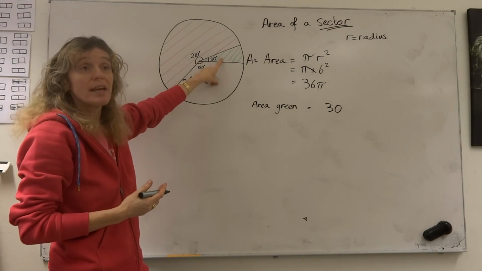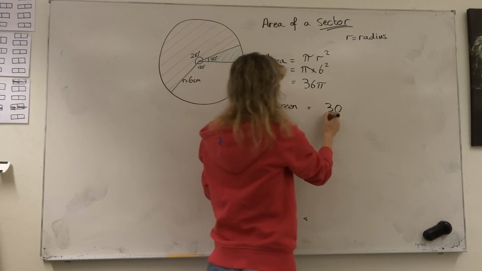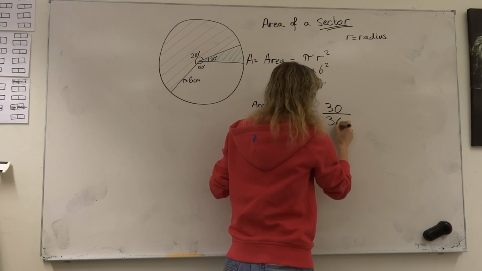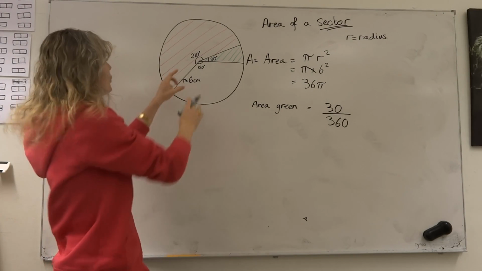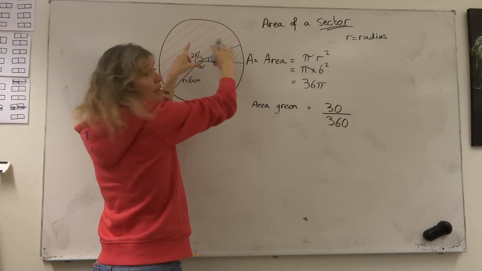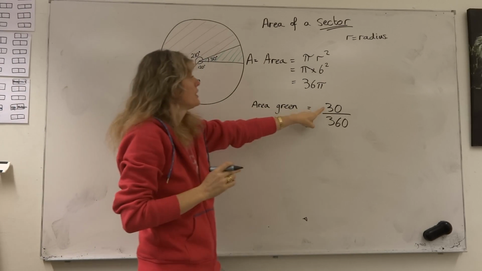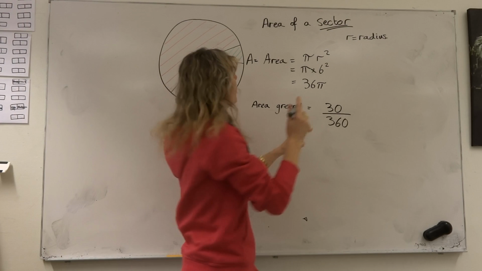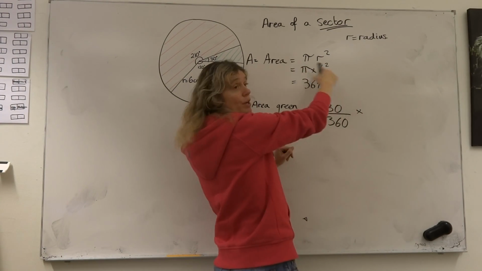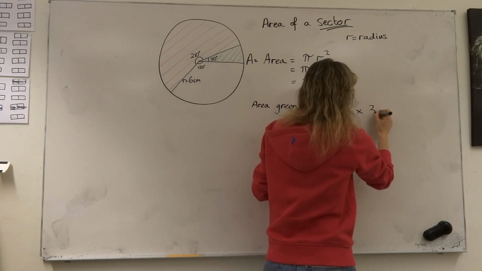So the part of this that is of the whole circle is 30 parts out of 360. That's how much of this sector is the whole circle. 30 degrees out of 360, multiplied by the area of the whole circle, 36 pi.